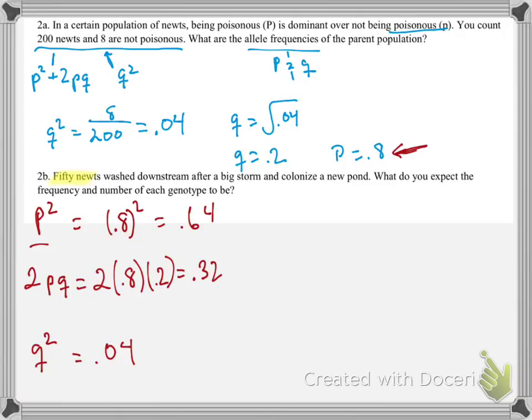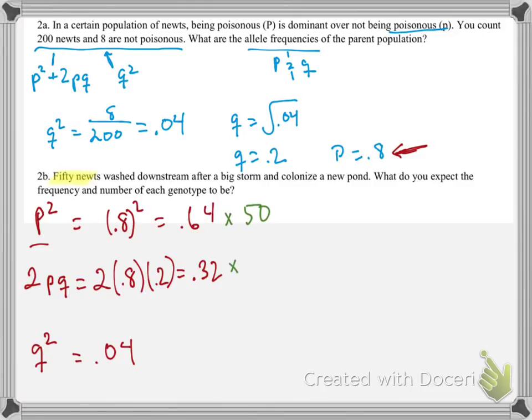The next step is saying, okay, so those are the frequencies of individuals I would expect in a population. Now I have to establish what's the size of my population in order to figure out the numbers of individual newts that will be there. So I take 64, 32, and 4%, and I multiply them by 50.